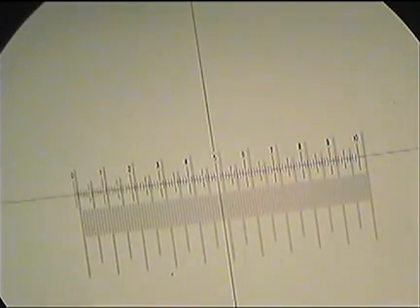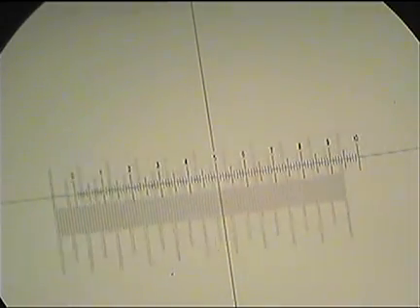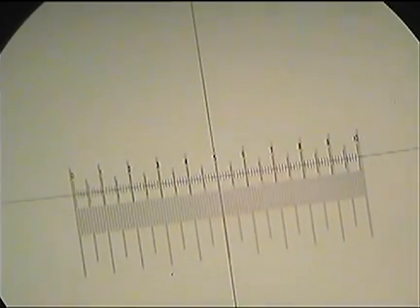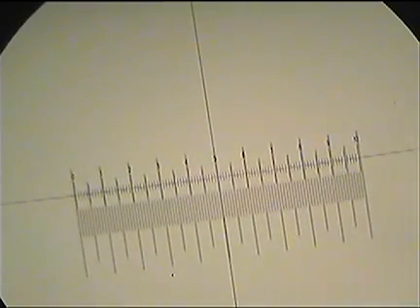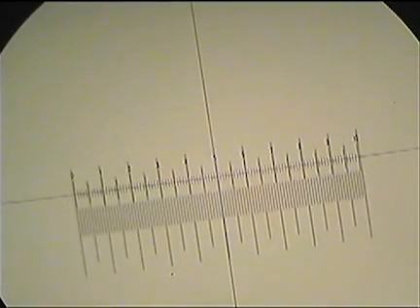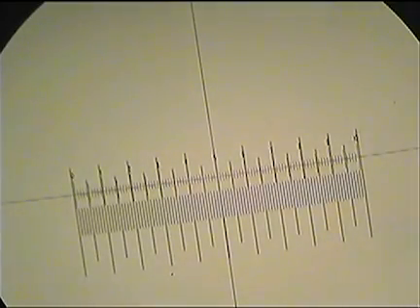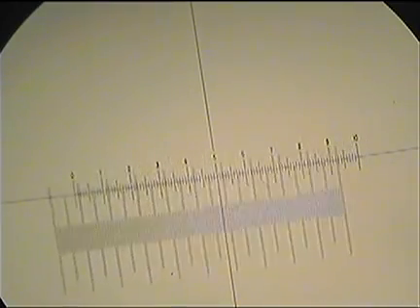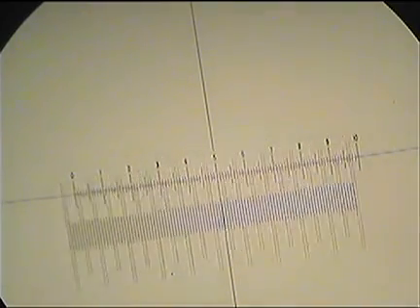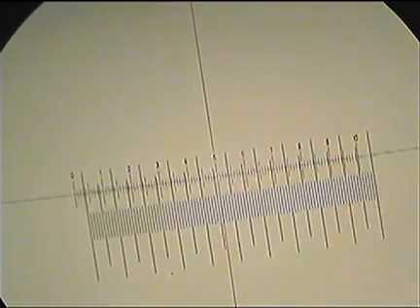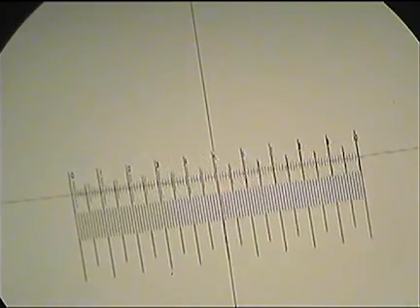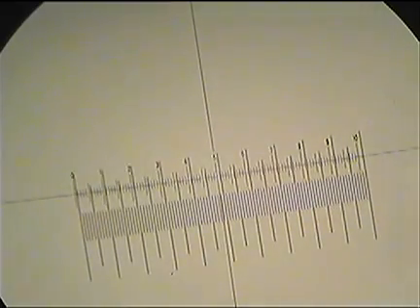So here's me trying to line up the two scales. The stage micrometer I said was labeled 0.01 millimeters. That's the distance between the smallest unit on there, the tiny short lines, which are a little bit fuzzy. Between the largest lines on the stage micrometer, there's 10 of the smallest units between them, so that's 0.1 millimeters.